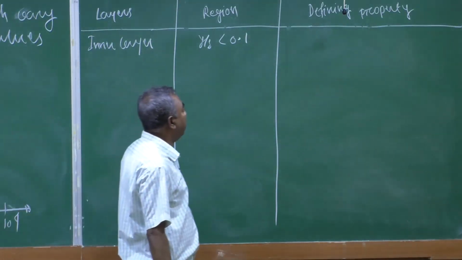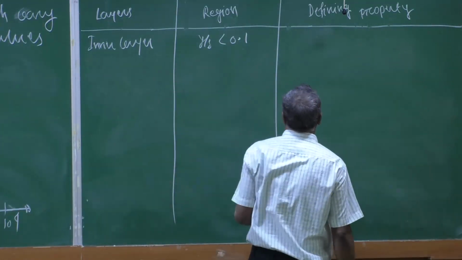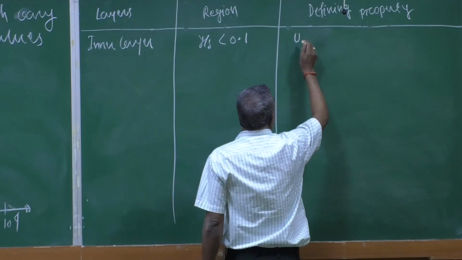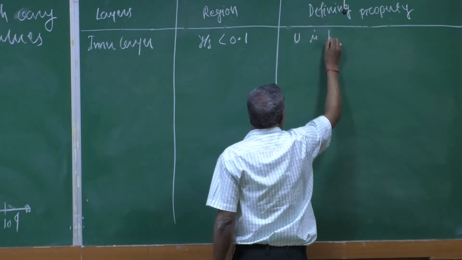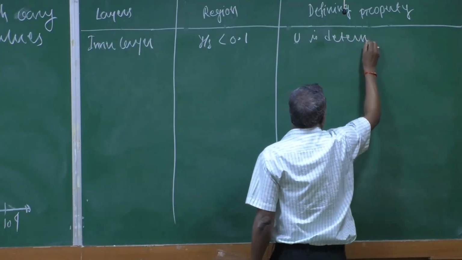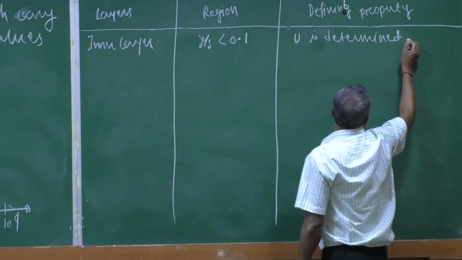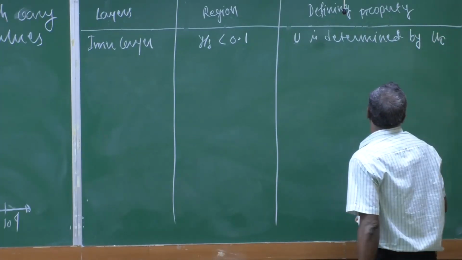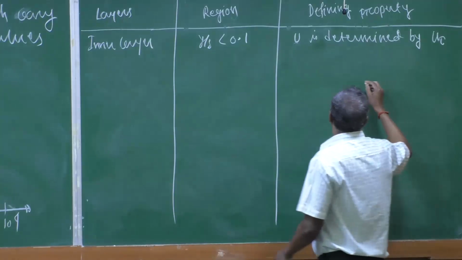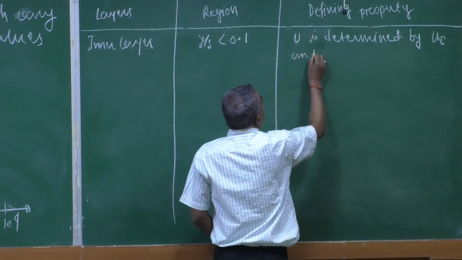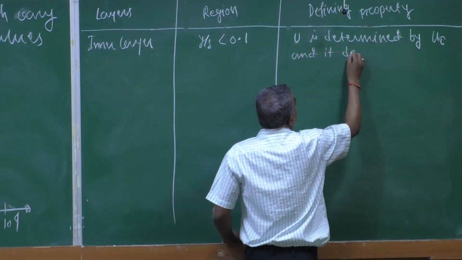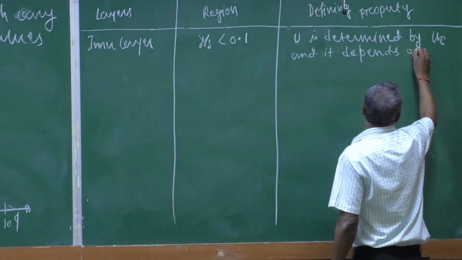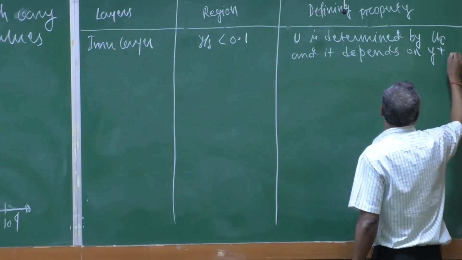So, what is the defining property of this inner layer? The mean velocity u is determined by u tau and it depends on y plus.